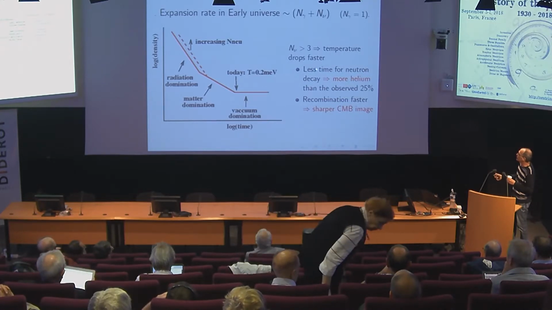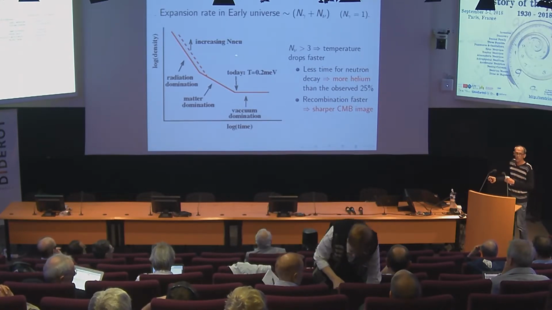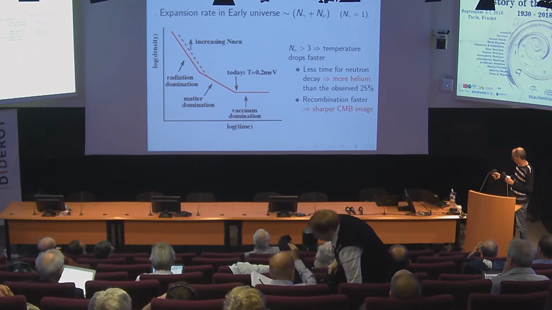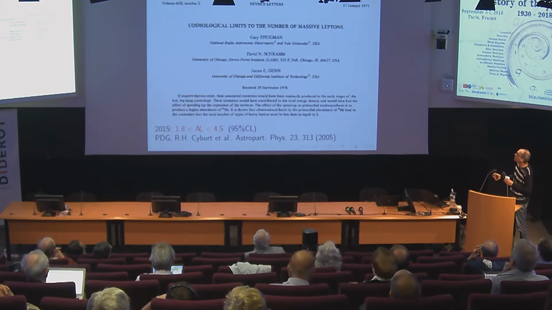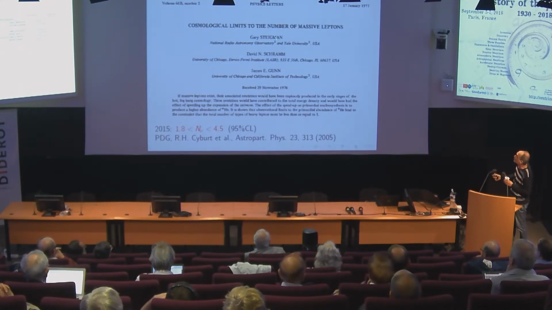Let's talk about this, because this was now something that was known 30 years ago, 40 years ago. This is an important article, Cosmological Limits to the Number of Massive Neutrinos, from 1977. Very prominent authors: Gary Steigman, Schramm, Jim Gunn.